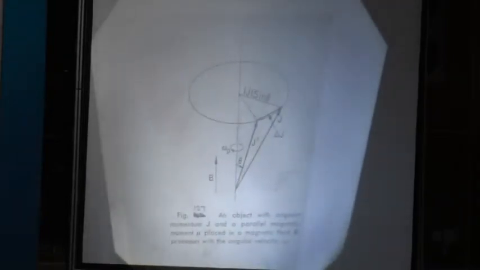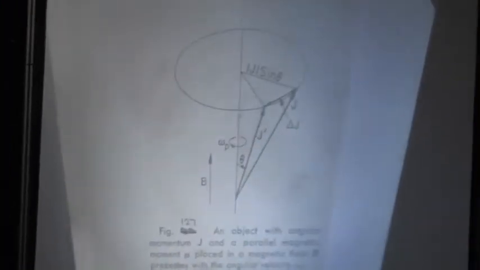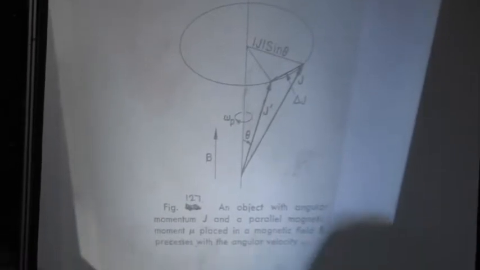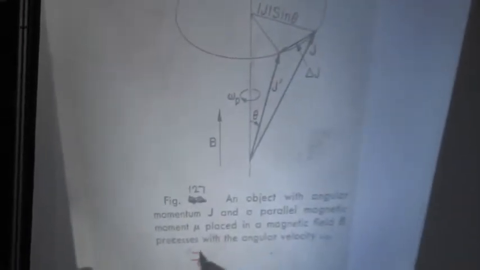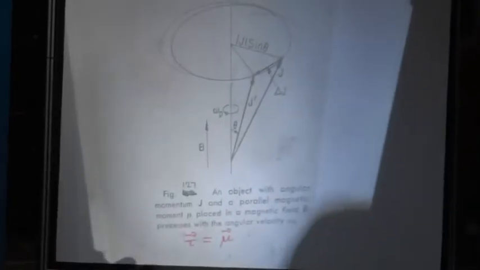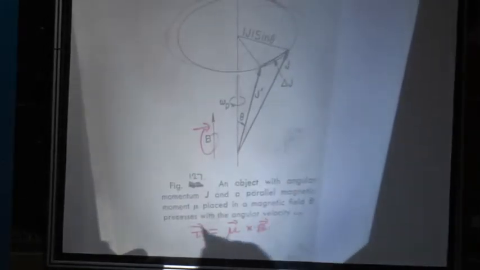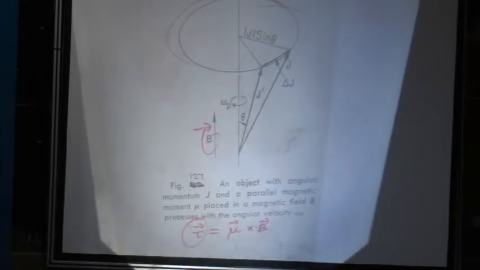Now, in previous years, I pursued the classical analogy a little bit further, and I'm not going to do that because it is rather inadequate anyway. This next figure, which I'm just going to pretty much gloss over, illustrates the idea that torque is equal to mu cross B. We can understand, if we imagine our electron just whizzing around some circular orbit, and we've put some external magnetic field on that exerts a torque, we've already had that equation.